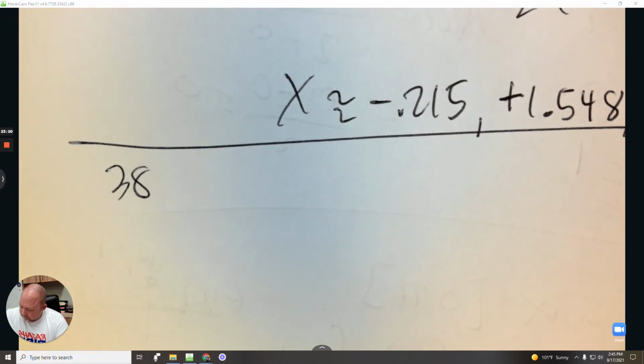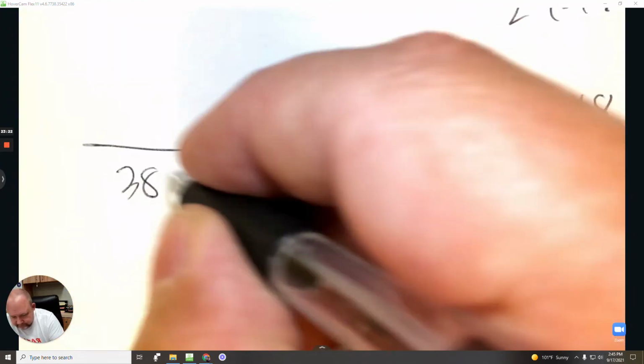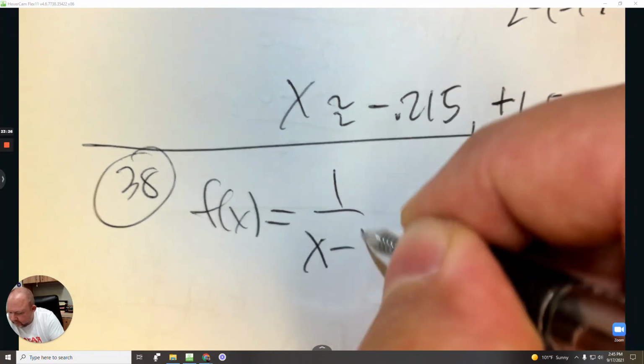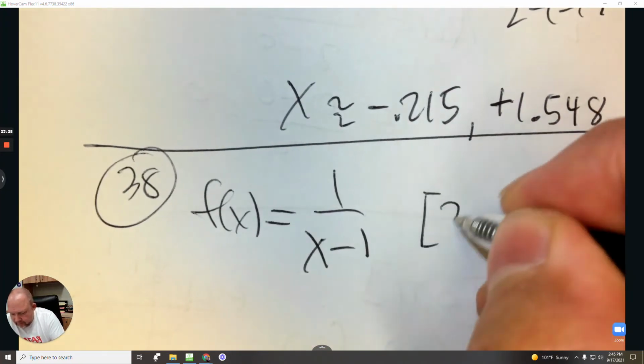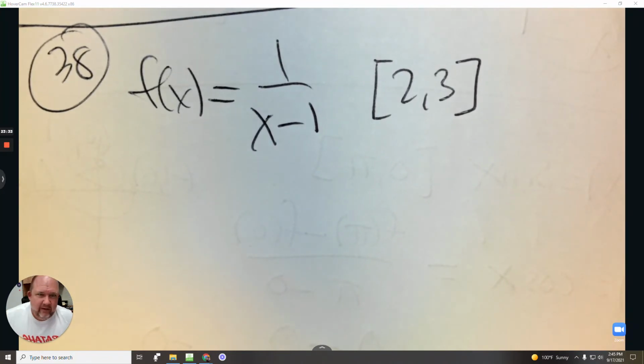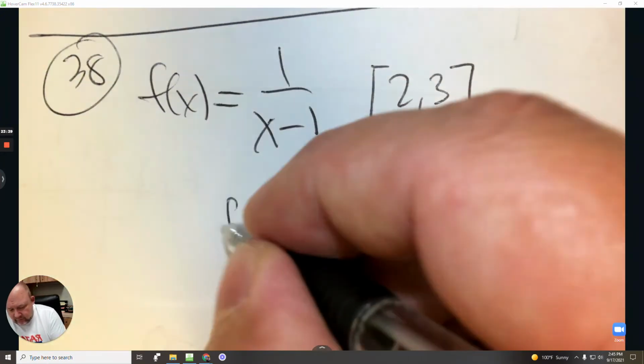38. Let's go through the steps again. Isn't it nice to know how to use your calculator? It comes with practice, like driving a car. Here we go. So let me go through the steps of that function. First of all, even if you use your calculator, you should still show what you are doing.